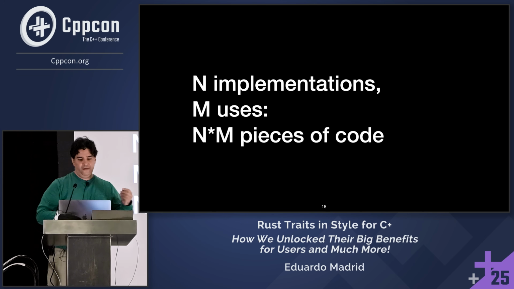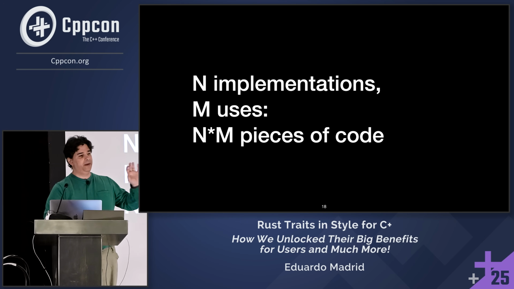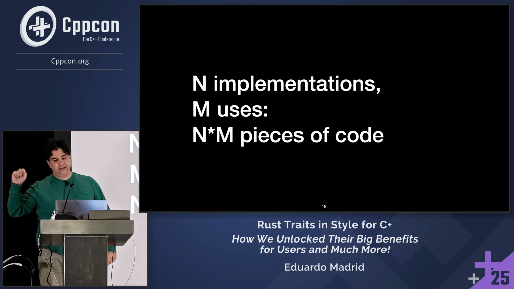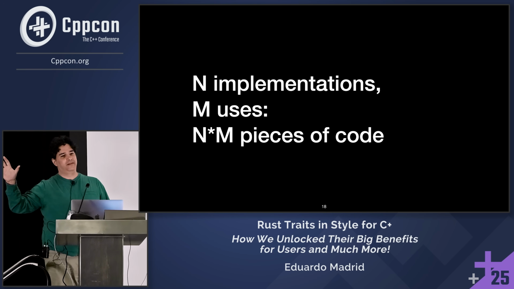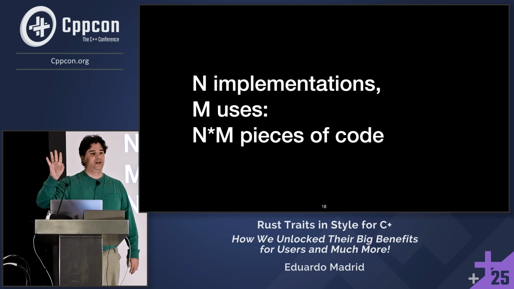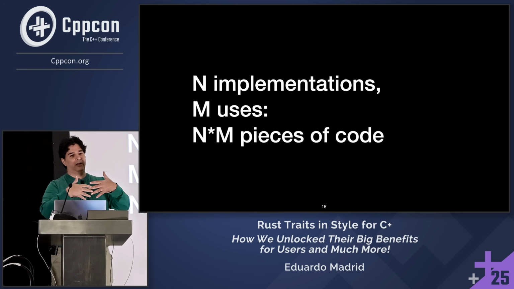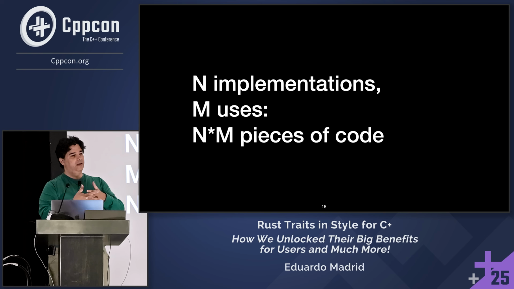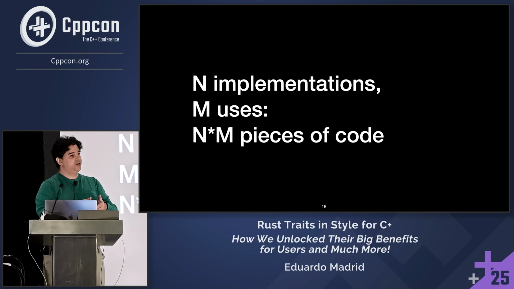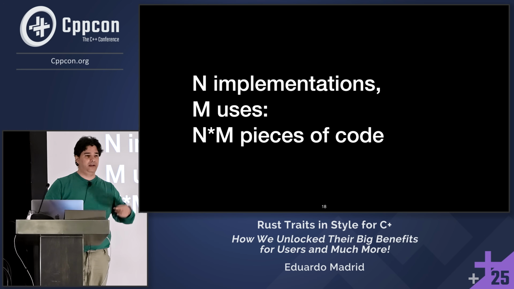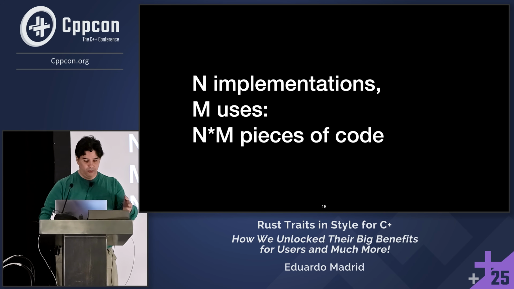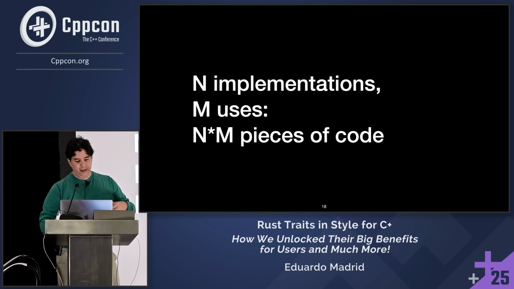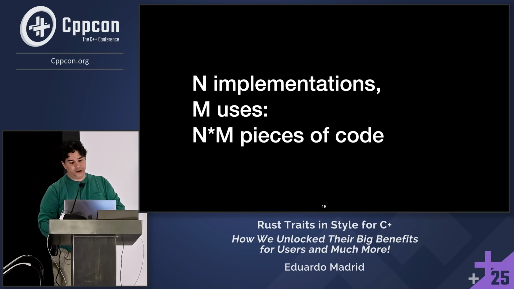Which is, if you have n implementations of a mechanism that your code base wants to use in m different ways, then in principle, you're going to have a combinatorial quantity of combinations of the implementations and the uses. So you're going to have the multiplication of those two dimensions in the pieces of code.